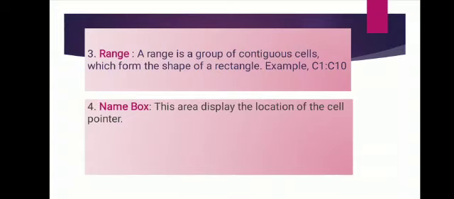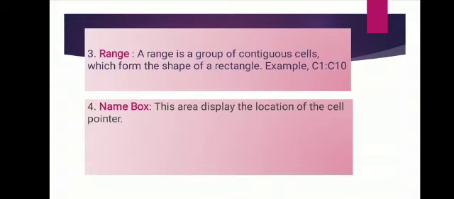You may specify a range by writing the starting cell followed by the ending cell address, and both can be separated by a colon symbol. Like if, for example, it is written C1 to C10, it means from C1 to C10. It is a range that we have selected.